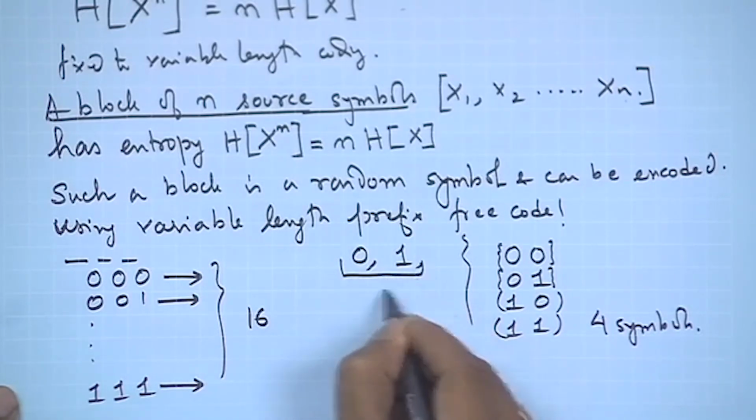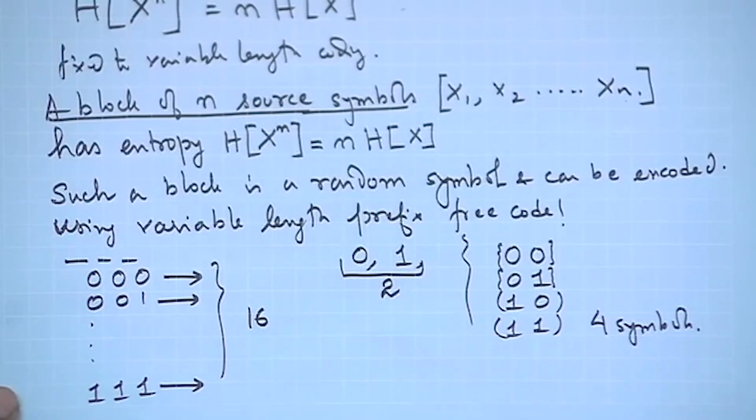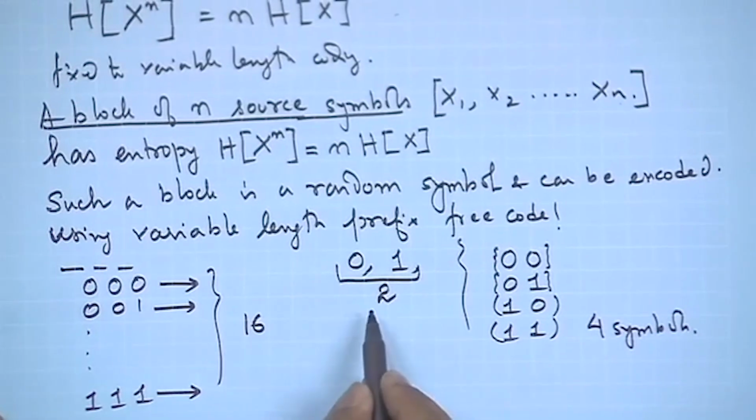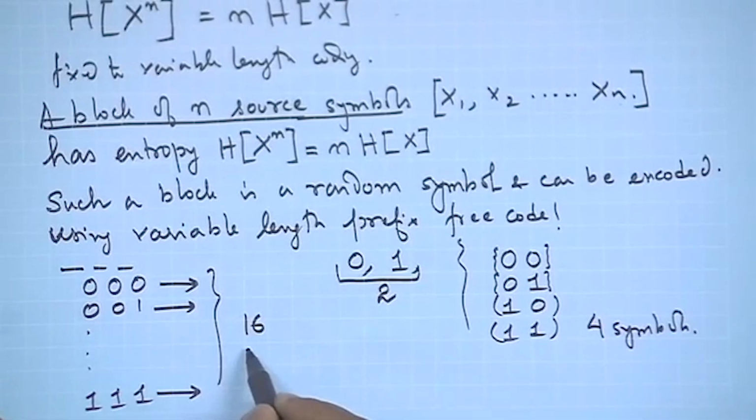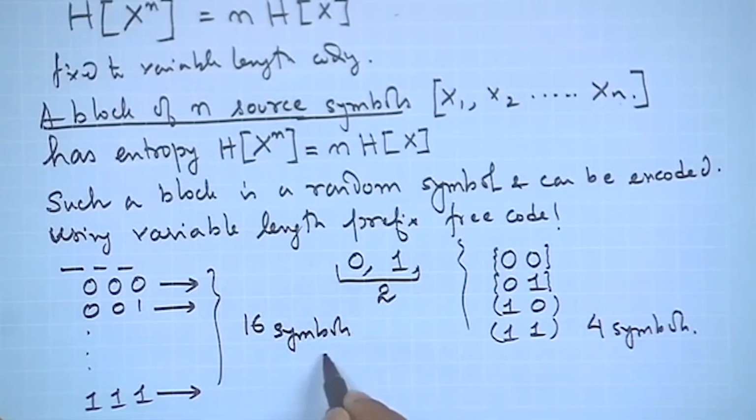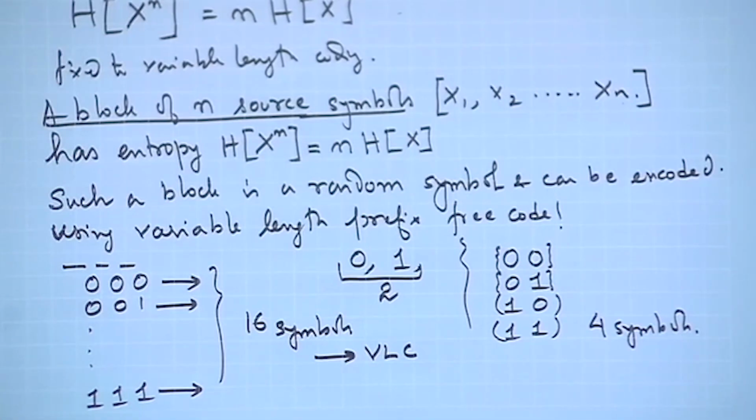Previously, there was a source which had only 2 symbols, and now what we are trying to do is encode these symbols into a variable length coding. Now, the result is more or less well understood at this point.